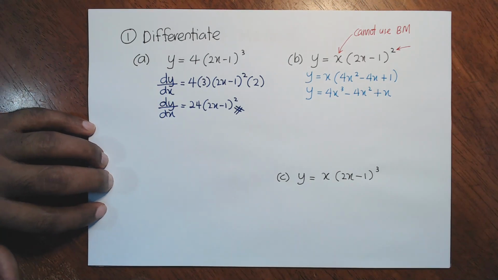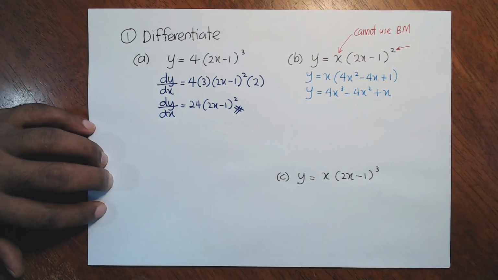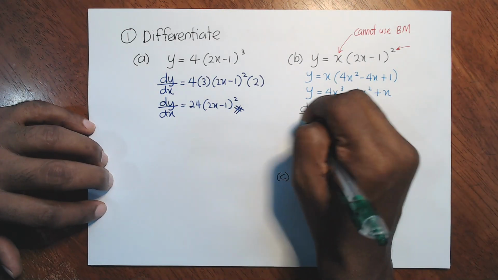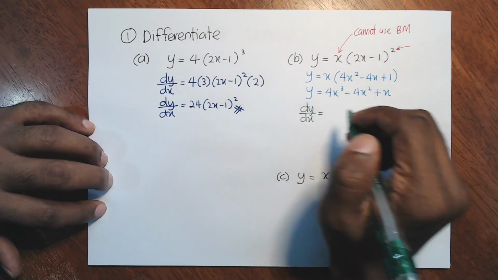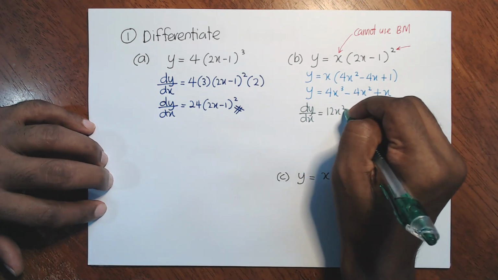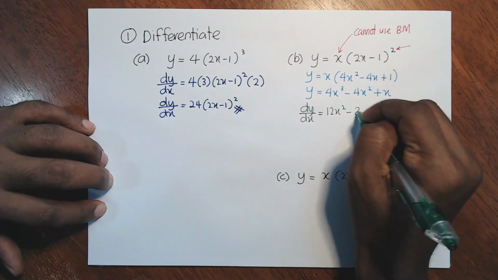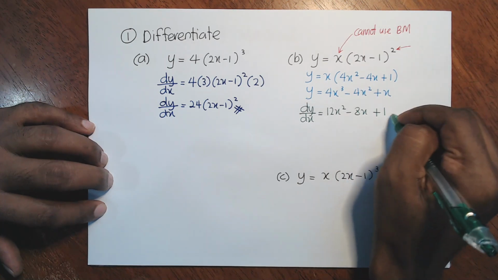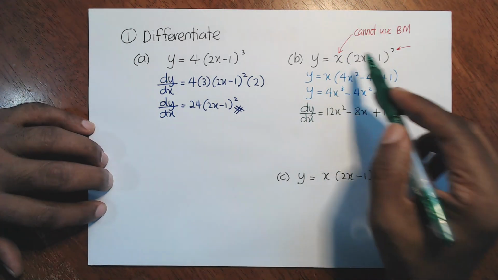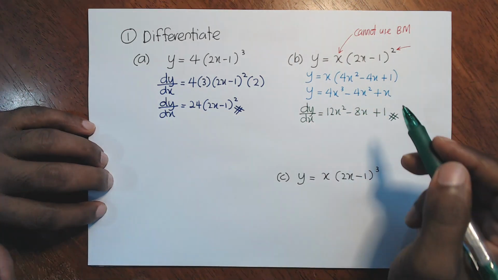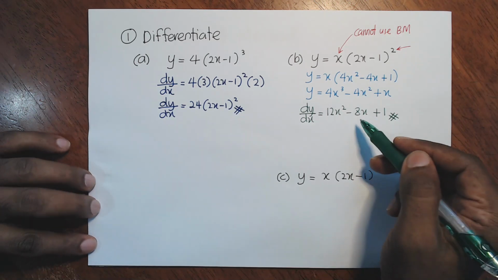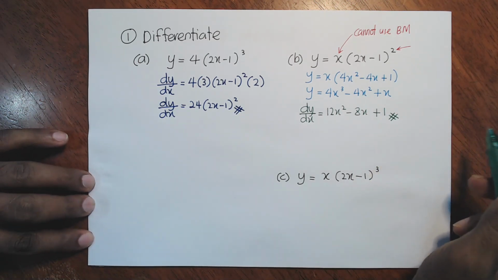And now we can do the normal differentiation method, the basic one. So dy/dx equals 4x to the power of 3 will become 12x to the power of 2 minus 8x plus 1. Very easy, right? But because there was an x outside, we cannot use the bracket method. Therefore, we expanded everything and did our differentiation as usual, right?